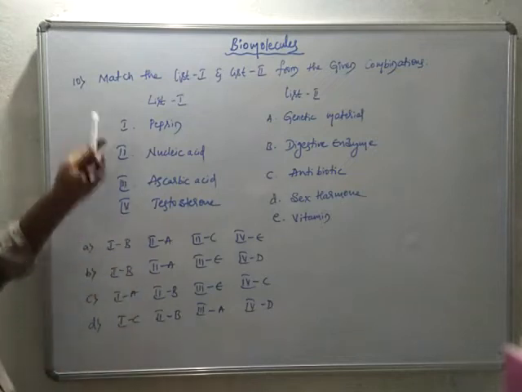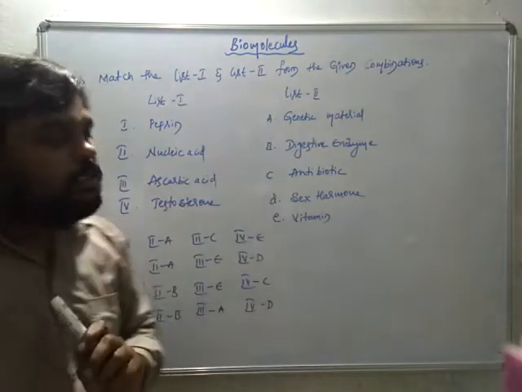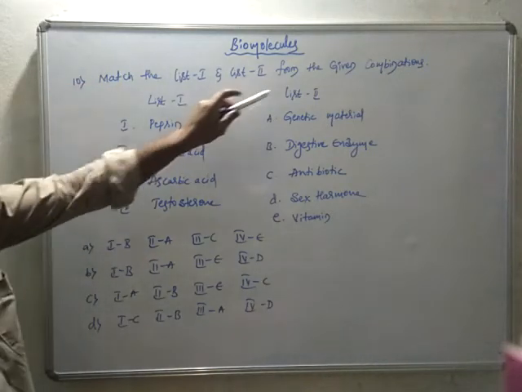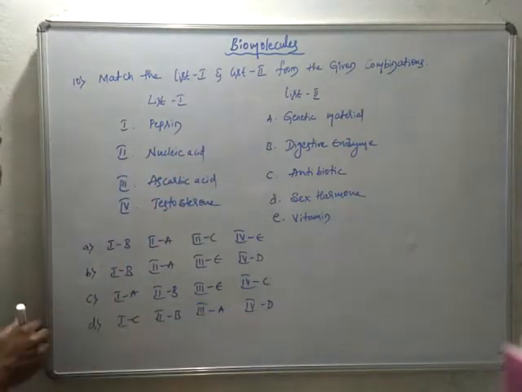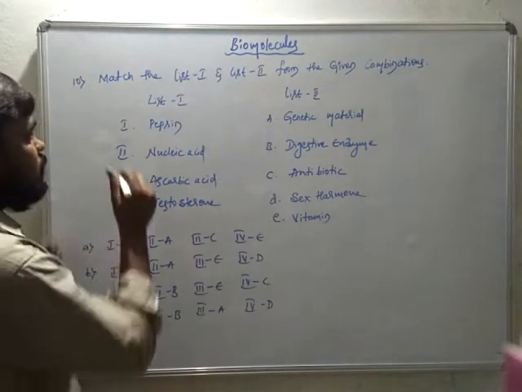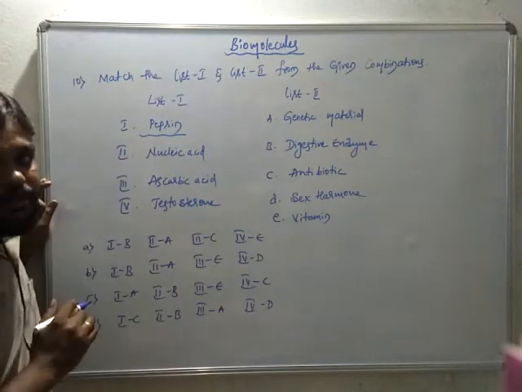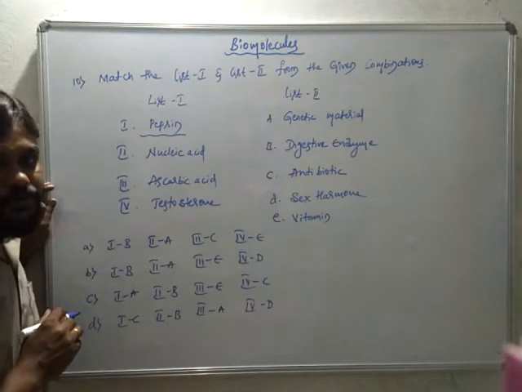The next question is to match list 1 and list 2 from the given combinations. In list 1 they have given some items and we have to choose the correct match in list 2. First is pepsin, an enzyme present in the stomach which is responsible for digestion of our food.